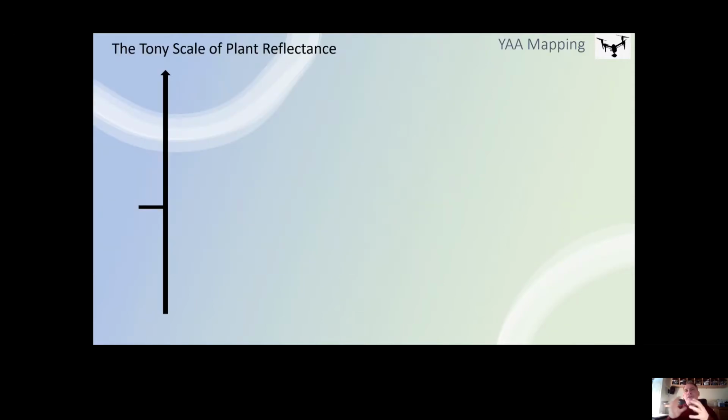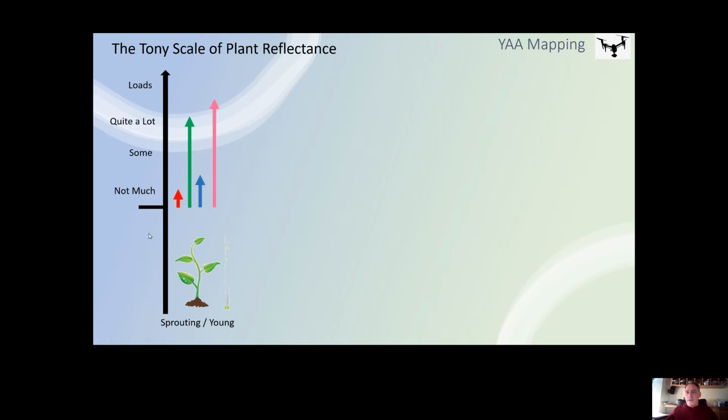So this gives us then the Tony scale of plant reflectance. So let's look at this. The scale goes from not much to some to quite a lot to loads. Okay, we don't need to get too scientific here. Now, young plants, they don't reflect much light because they like red light. They reflect a bit of green light, quite a lot actually.